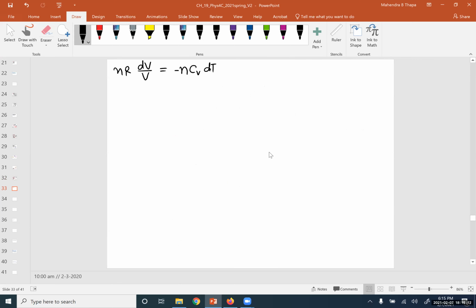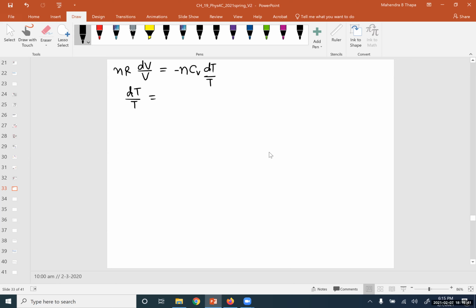Next, I'm going to rearrange this equation to get dT over T. I need to write T here also, so I forgot that.